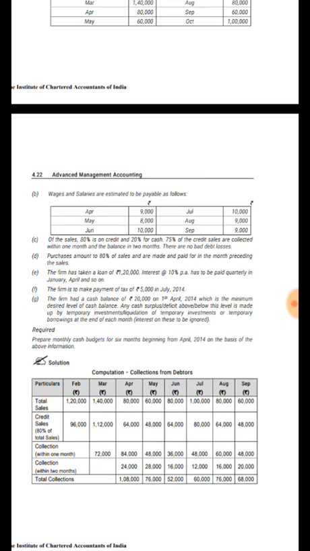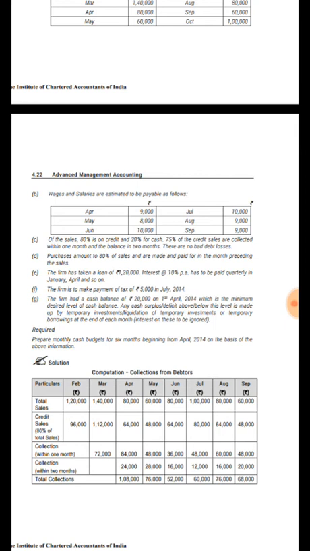That's why, for making the budget from April to September, we have to consider Feb also, because some portion of Feb is receivable. It is received in March, and it is being received in April also.